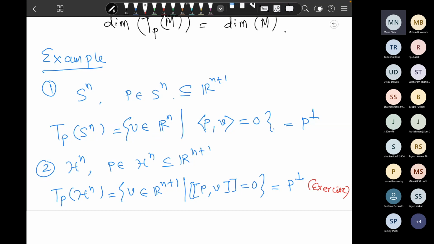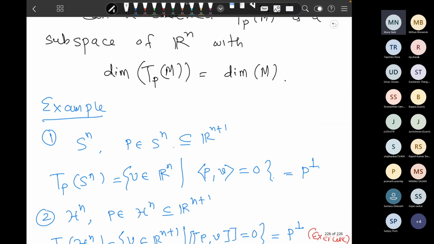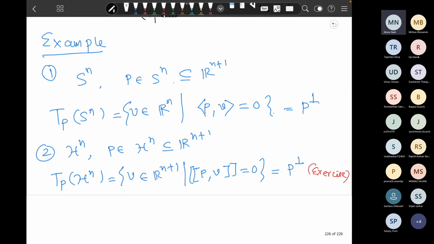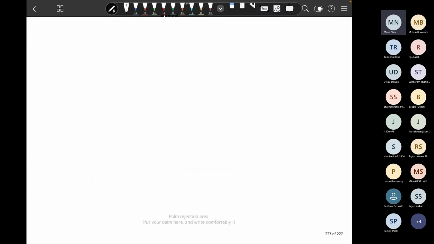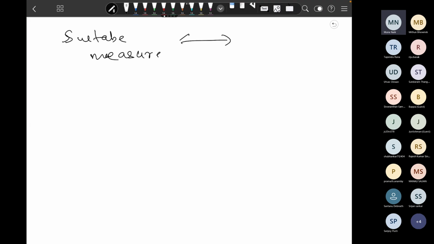So the thing is, in mathematics, you often look at the same thing in many different ways, and the purpose is to understand things in a better way. For instance, if you take any suitable measure, you can think of the measure as a linear functional on some space.